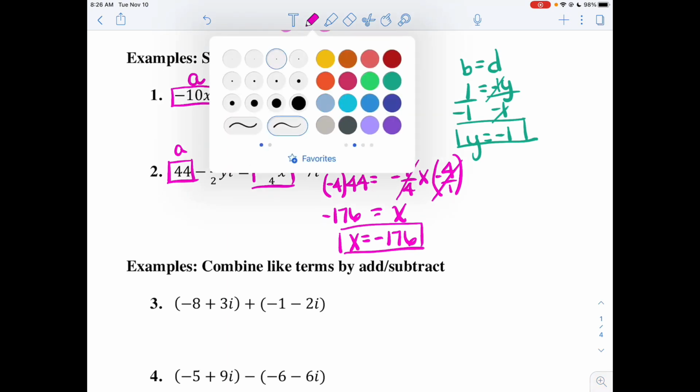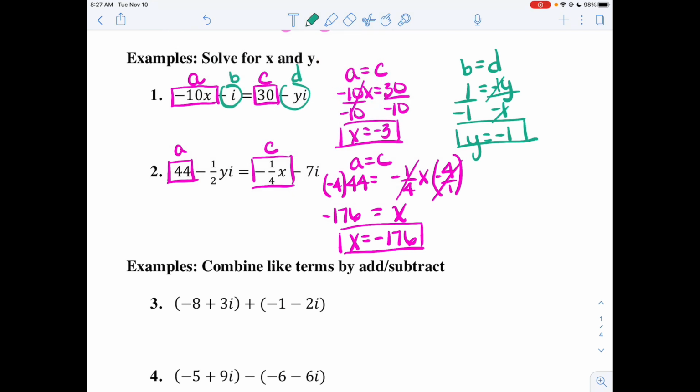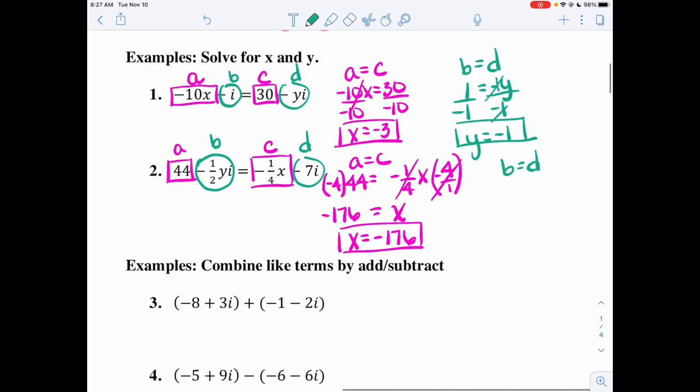The imaginary part of this equation is negative 1/2 yi. So this will be my b value. And negative 7i, that will be my d value. So remember, b is equal to d. So I have negative 1/2 y is equal to negative 7.